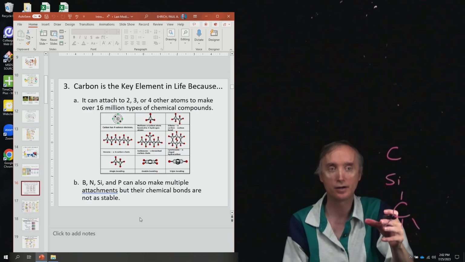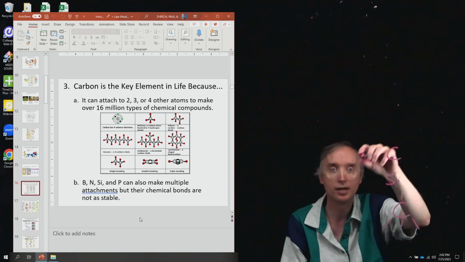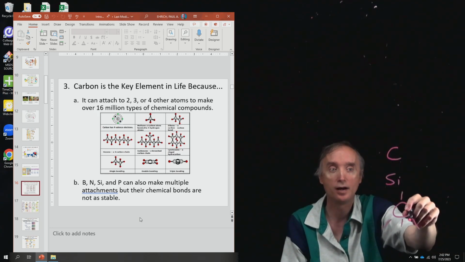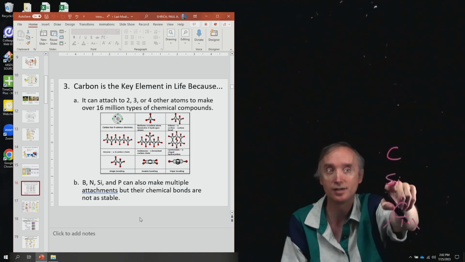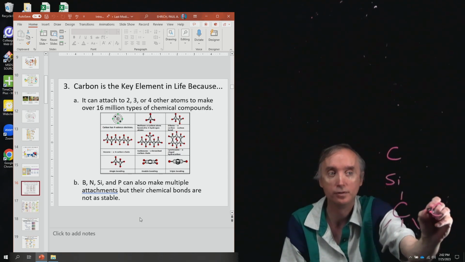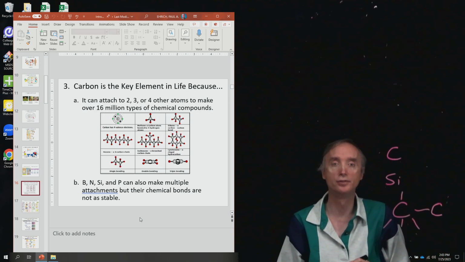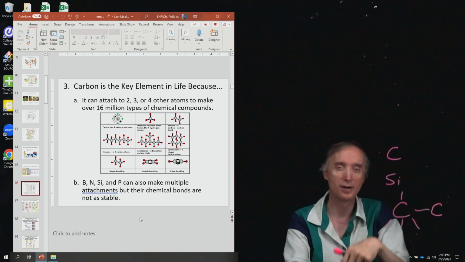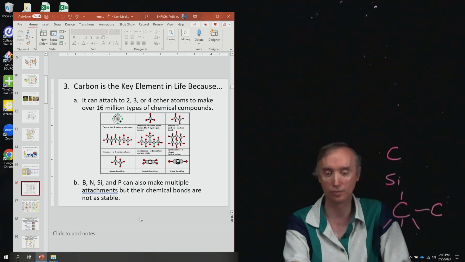And the interesting thing about carbon is it can make chains, but it also can make rings as well. Carbon can also bond to itself, which is something that silicon cannot do. But carbon can bond to another carbon over here, for example. So carbon is very versatile, and so it forms the backbone of all organic materials. And then don't worry about boron and nitrogen and silicon and phosphorus, so don't worry about that.